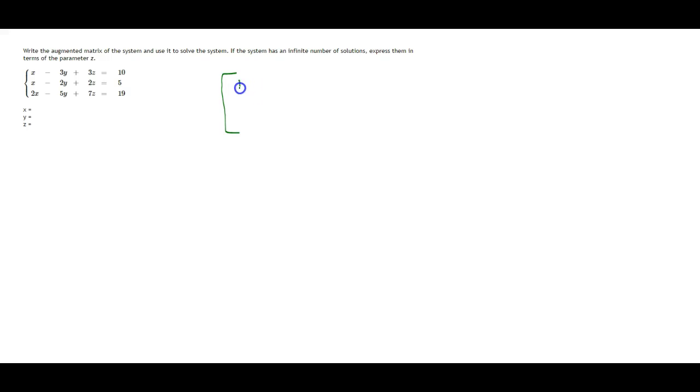So I have 1x, negative 3y, 3z, and then the constant is 10. And then I have 1, negative 2, 2, 5. Then we have 2, negative 5, 7, and 19. So that's all my coefficients and constants.